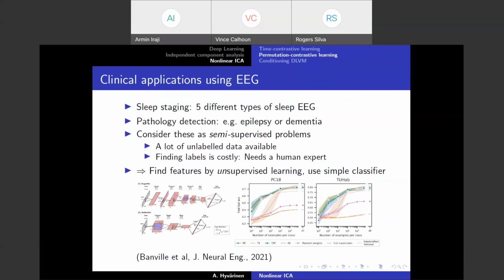Then in the end, when you get more and more data, the ordinary supervised learning will work just as well, maybe even better. But the point is that in this regime where we have few labeled data points, the self-supervised learning helps a lot. So it's the same story in both of these two applications. So next slide, please.